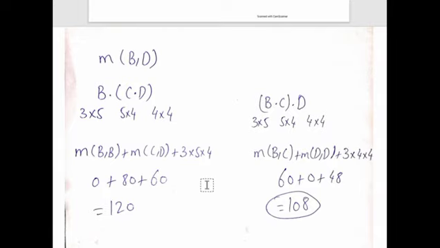Now move to the second possibility, that is we are taking a pair of the matrices B and C and then multiplying the result with the matrix D. See, the dimensions of the matrix B are 3 into 5, the dimensions of matrix C are 5 into 4, the dimensions of matrix D are 4 into 4.